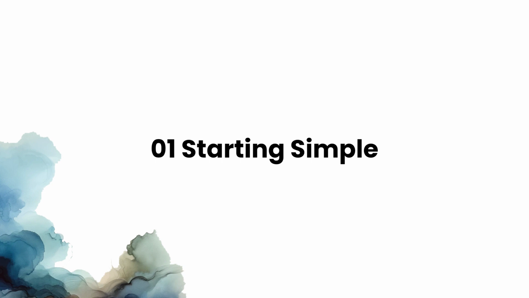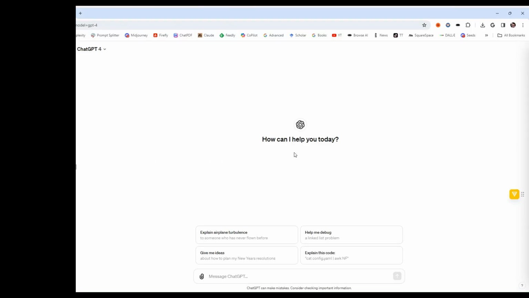Now let's start simple with our first task. Once you have logged into ChatGPT 4, you should see a screen like this. I can tell I'm in ChatGPT 4 right here and not using the free model. I am using the paid model.